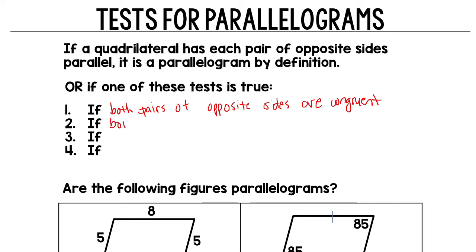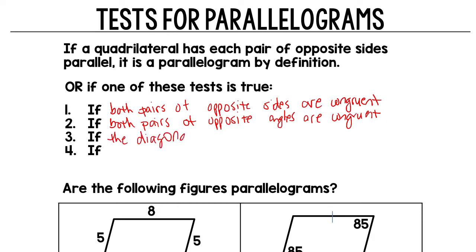If both pairs of opposite angles are congruent, it's a parallelogram. If the diagonals bisect each other, it's a parallelogram.